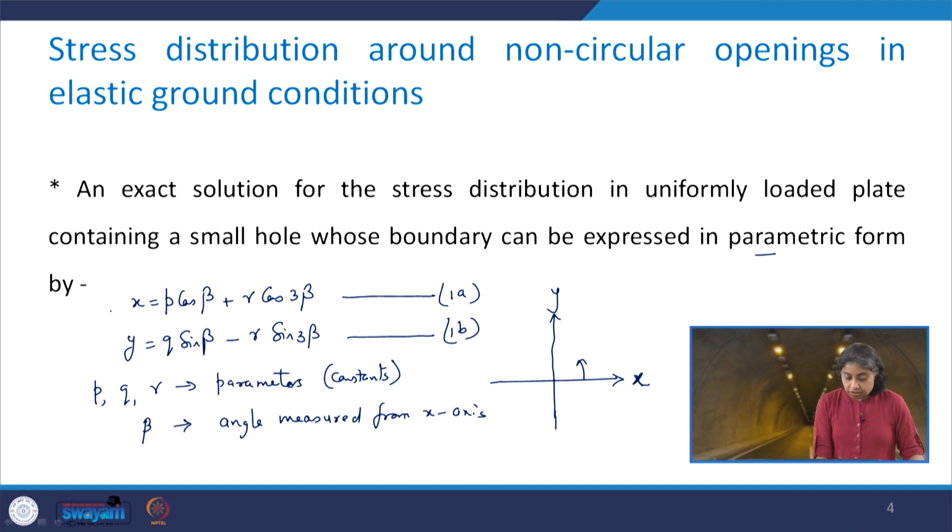So if we use various values of beta and the particular parameters p, q and r for a shape, then corresponding to each value of beta we can get a set of coordinates x comma y, and therefore we will be able to generate that shape of the opening.